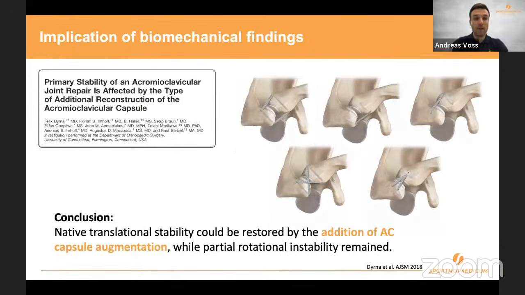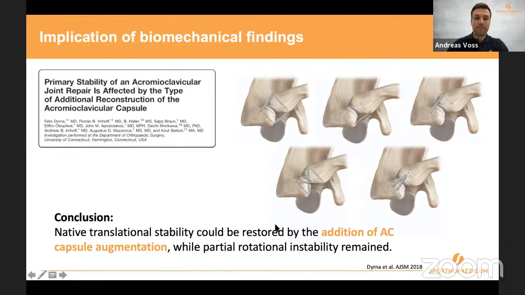What's new in the last years, this is a study by Felix Dirner in 2018, is the application of the AC cerclage. This is a very interesting study. At the end, it doesn't matter which kind of configuration you basically use. It is always important to at least use the stabilization of the AC capsule.